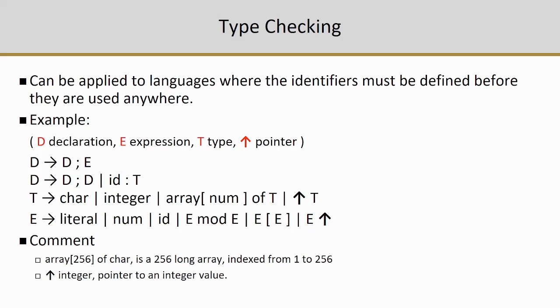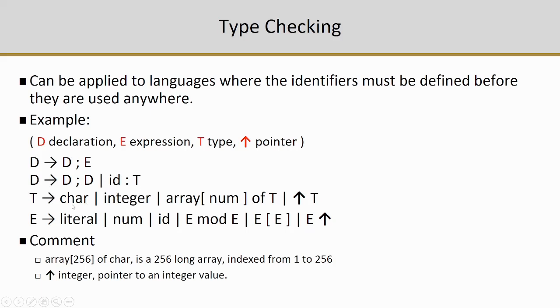So first we have to declare a variable before using it, and in this case we have declarations and then expressions. Declarations can include multiple declarations, and each declaration looks like variable, colon, and type.